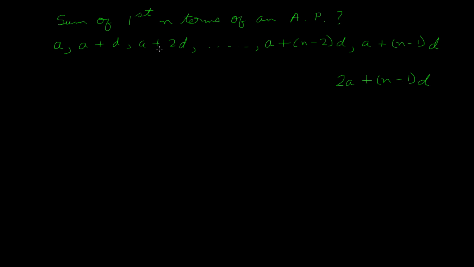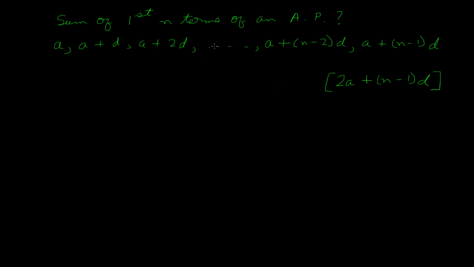And again, if you take the third term here, A plus 2D, and the third term from the end would be A plus n minus 3 times D. And if you add both of them, you would again get 2A plus n minus 1 times D. So essentially what you would be doing is adding 2A plus n minus 1 times D. How many number of times?